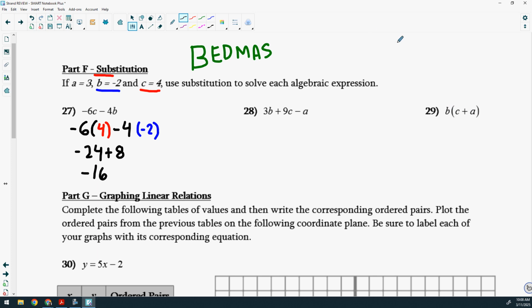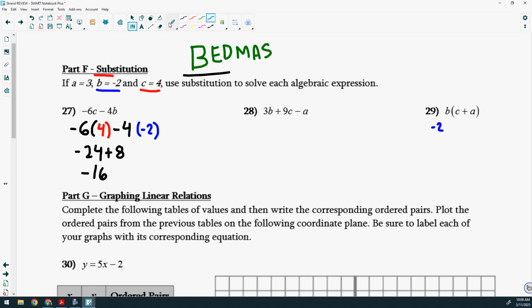Remember our distributive properties, so we're going to be filling in our variables, and then we're going to distribute that b to each term. Or, since it is in brackets, we actually could just do c plus a and then multiply it by b. It's the same thing. So what is our b value? Our b value is negative 2.